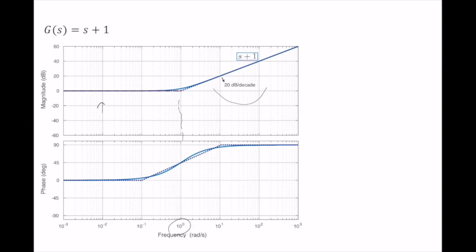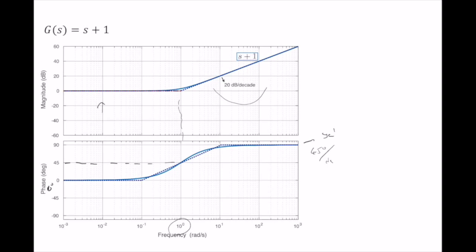So you have a line that is centered around 45 degrees at your corner frequency, which has a 45 degrees per decade trend. At high frequencies, it's a straight line, which has a phase of 90 degrees. At low frequencies, it has a phase of 0 degrees. Okay, as you can see, a graphical approximation is a very good approximation.